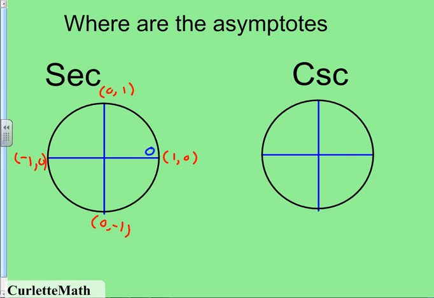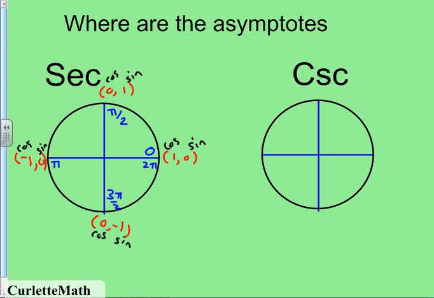That's 0, pi over 2, pi, 3 pi over 2, and then back at 2 pi. What do the coordinates mean? The coordinates mean that we have the cosine and the sine values at each one of these radian measures.